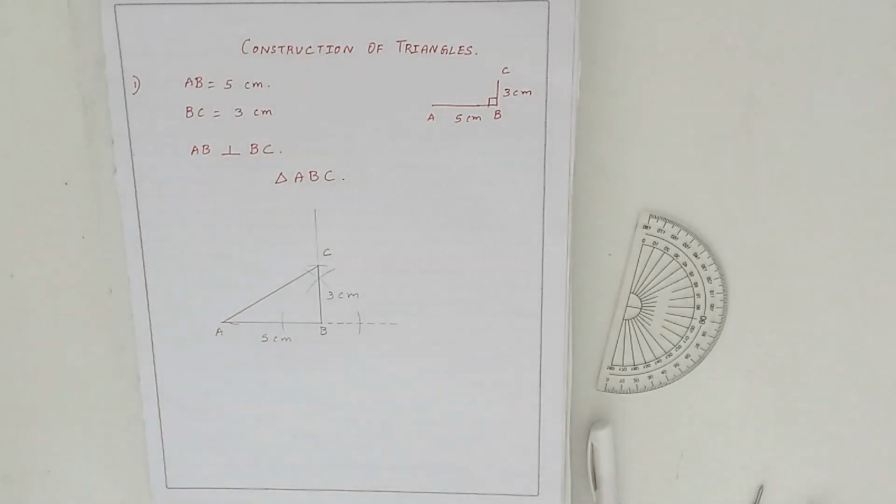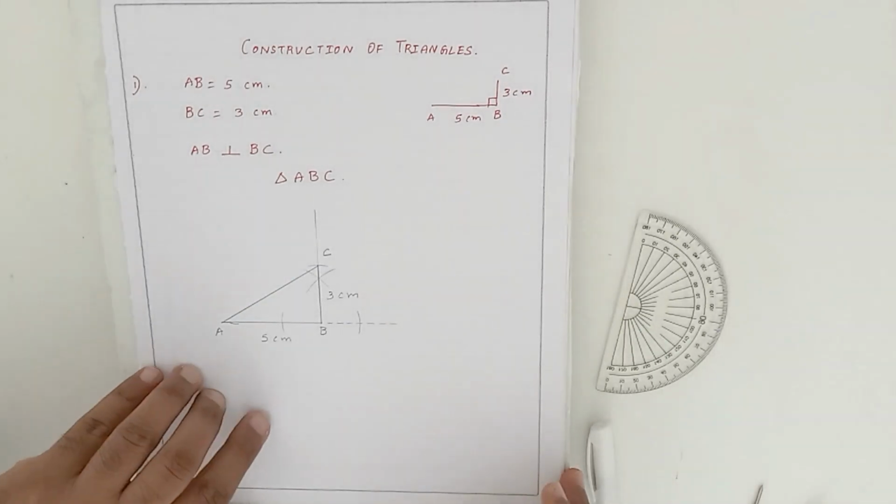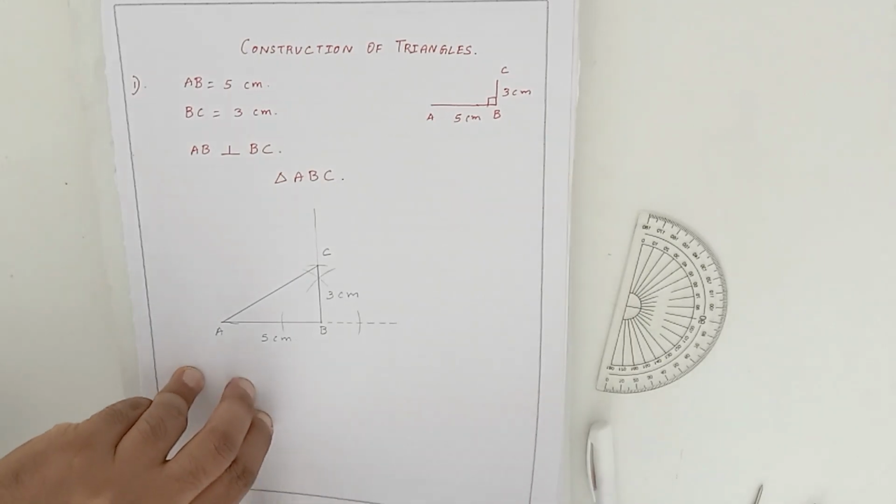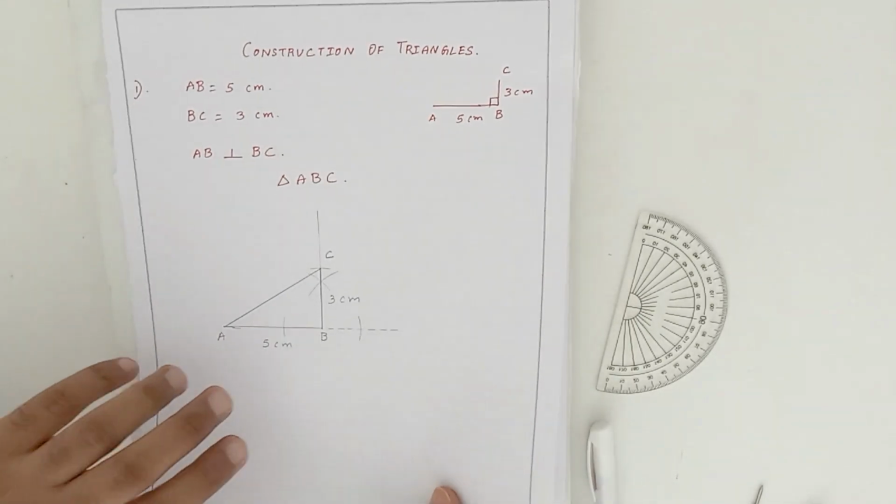Now I think we'll take one problem from your textbook. It says construct a triangle. This problem I am taking from your textbook.